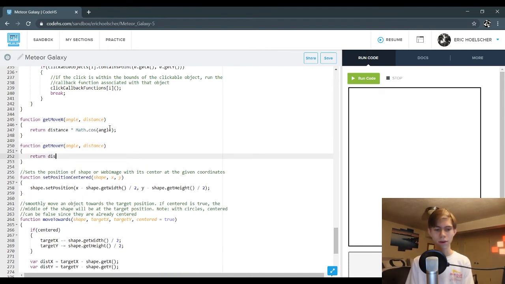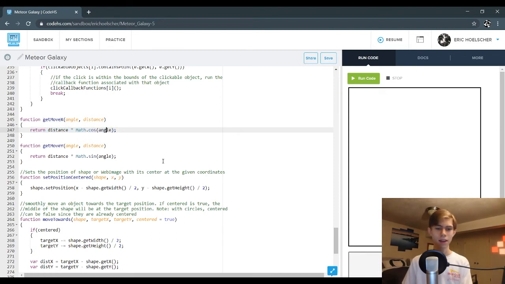And it's also going to return distance times Math, but this time the sine of the angle. So these are the same formulas that we wrote earlier, now they're just put into code form.